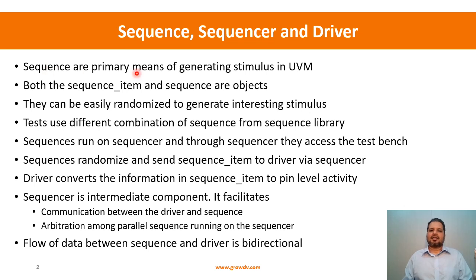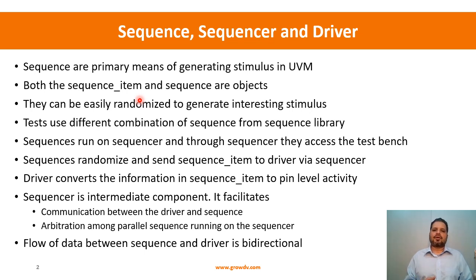Sequence, as we know, is the primary means for generating the stimulus in UVM. Both the sequence item as well as the sequence belong to the object hierarchy in that overall UVM base class diagram that we had seen, and they can be randomized to generate interesting stimulus.